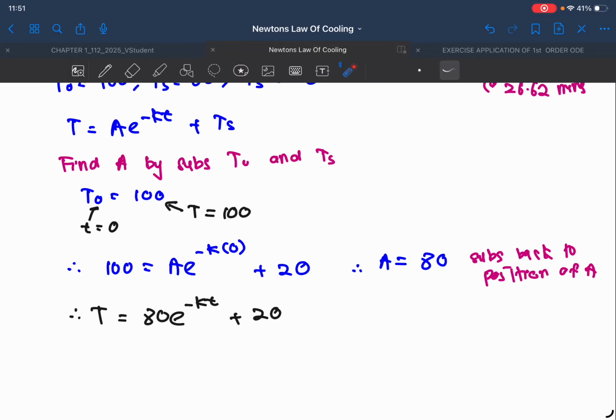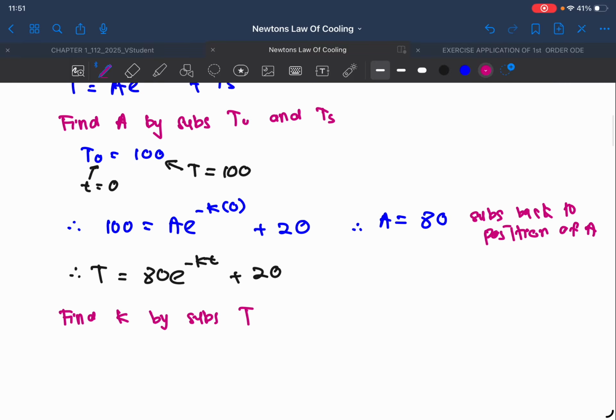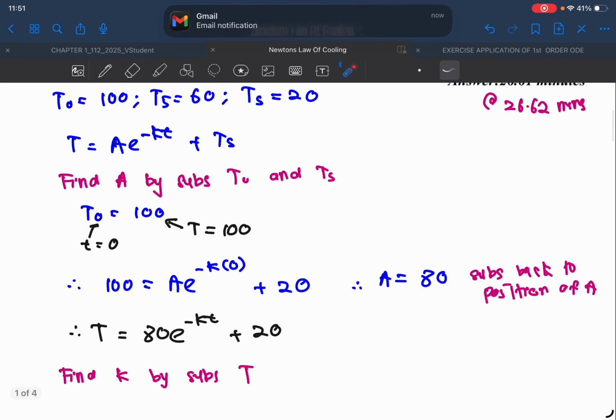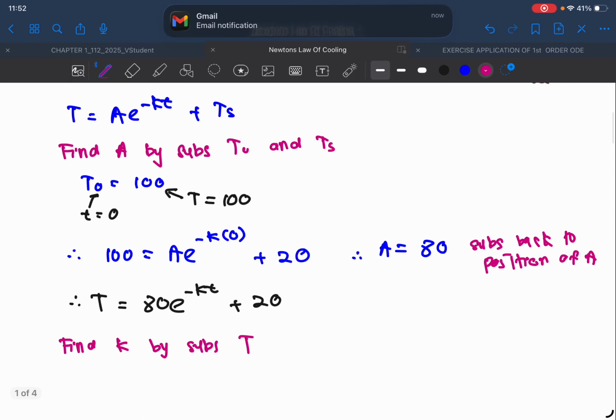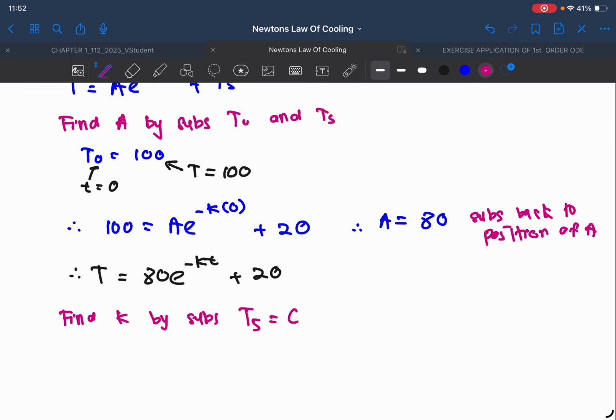Now the next step is to find k by substituting another temperature, which is T5 equal to 60. In this step we substitute the temperature at any time t.